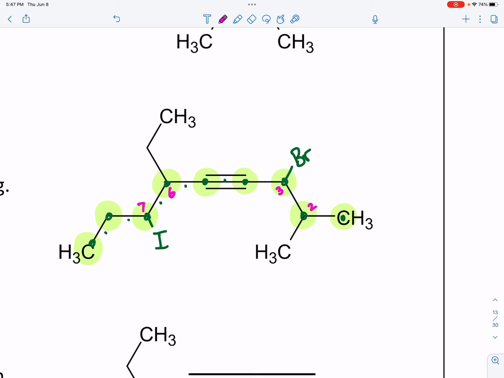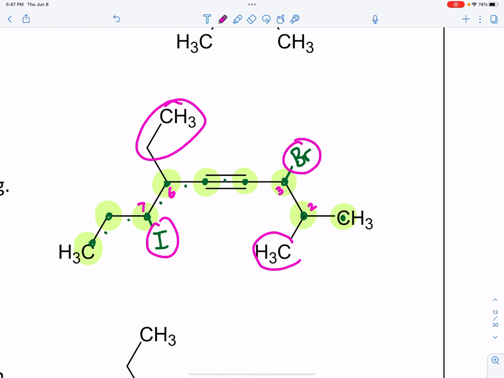When you name branches, you name them alphabetically. The branches are iodo, ethyl, bromo, and methyl. So we're going to name those alphabetically. So here we go. The first one's going to be bromo. So we're going to say 3-bromo.